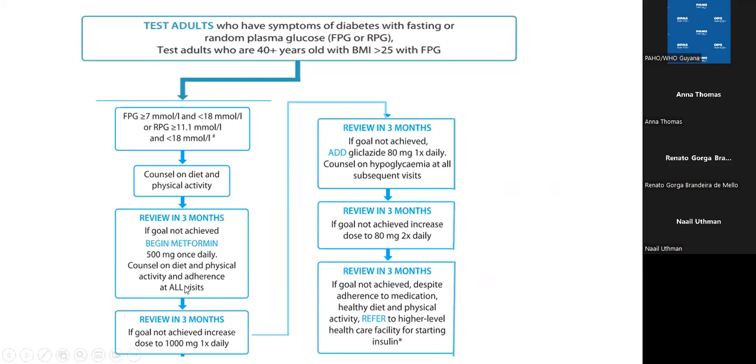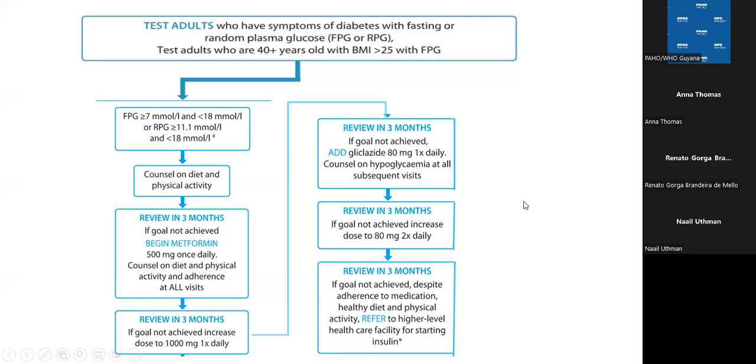If after 3 months on higher dose metformin the treatment goal is still not achieved, add gliclazide or glimepiride. Counsel on hypoglycemia at all subsequent visits, because this class of medications is associated with hypoglycemia.